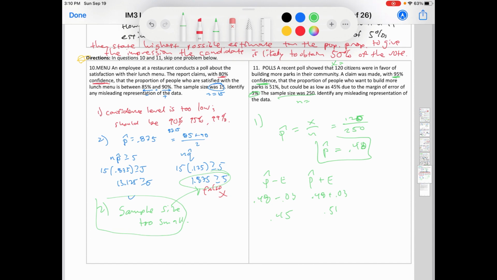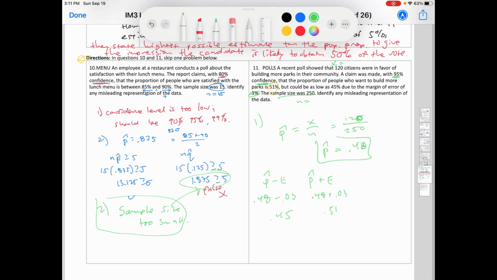But what they're showing here, though, is a high of 51%, and claiming that as their highest possible estimate for the population proportion to give an impression that the proportion of people who want the park is greater than 50%, but that's not the case.